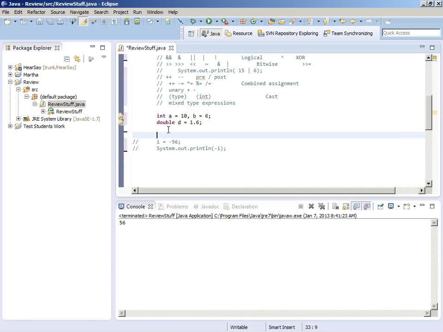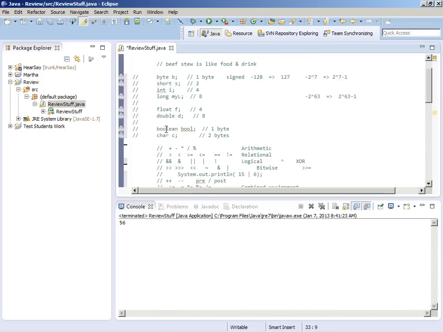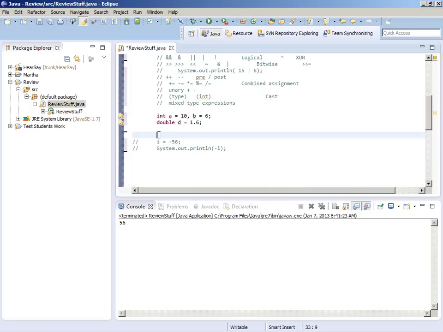So if all of a sudden you decide you need a variable, you just declare it there. In other languages, you have to declare all the variables at the top, but in Java, you declare them near where you're using them. And then it's very easy for the reader of the code to look and see what data type it is from the declaration.